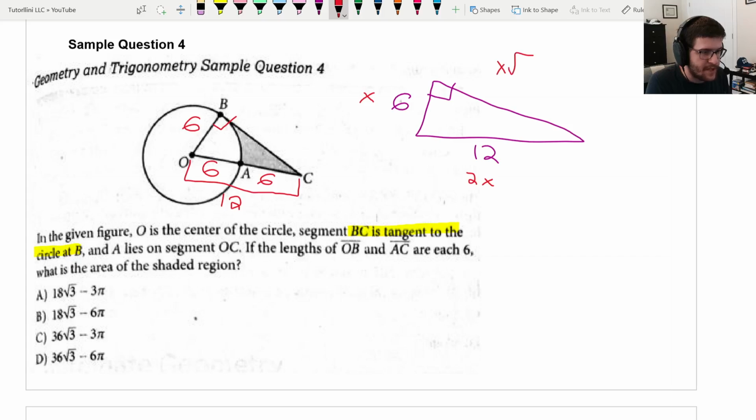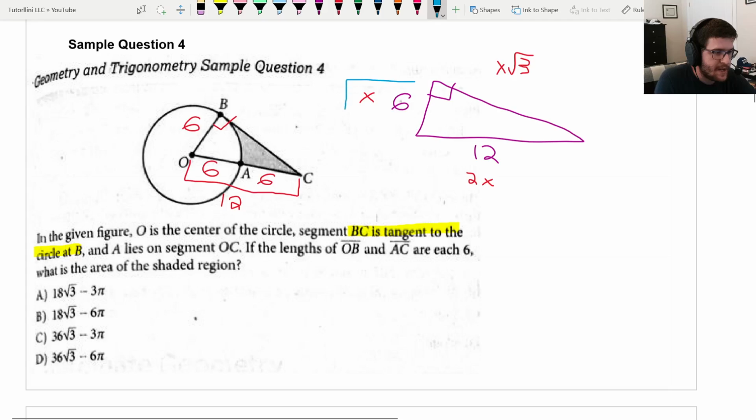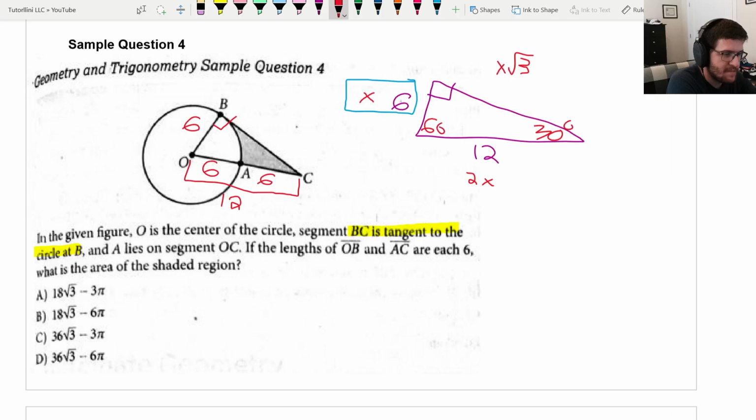This is all on the reference sheet, guys, so you could pull up the reference sheet. It's also in my special right triangles video, this exact question. Okay, so I'm looking at maybe this one, and I see that x is 6. And once again, this guy must be 30, and this guy must be 60.